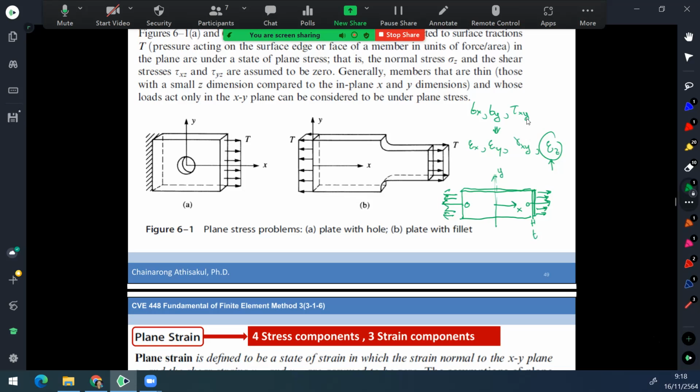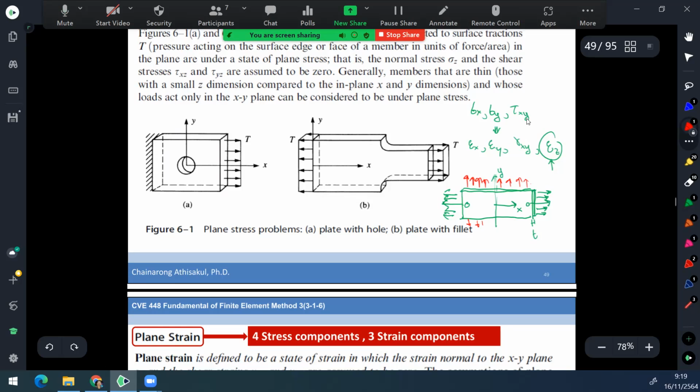But for some types of problem, we apply load in the y direction also, so we have a two-dimensional loading, and we may apply load in the y direction. That is the case of the plane problem. We may apply sigma y also in this case, sigma x and sigma y. And for the out-of-plane direction, because it is a thin plate, right, we may not consider the out-of-plane stress in this case.